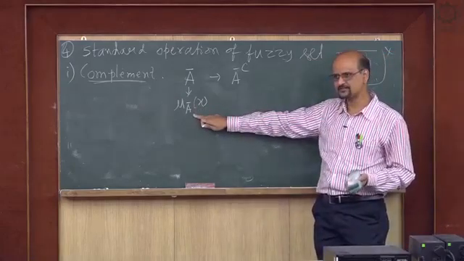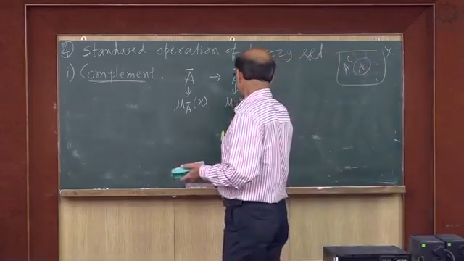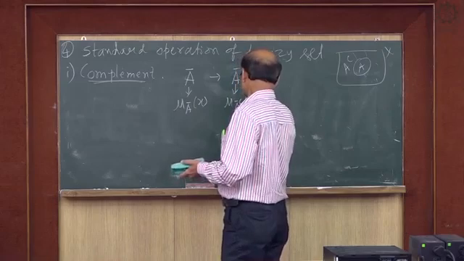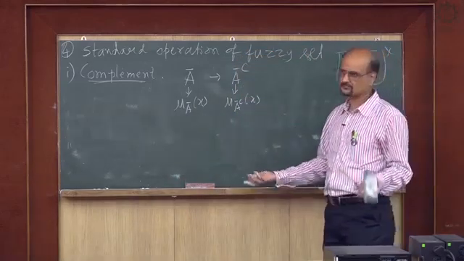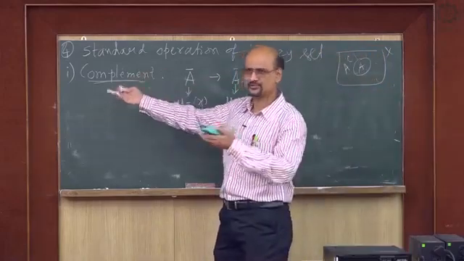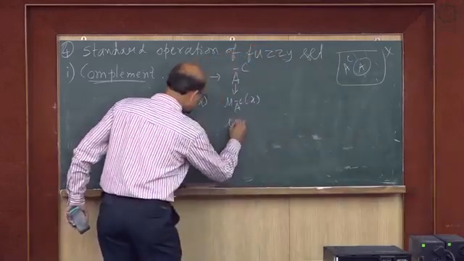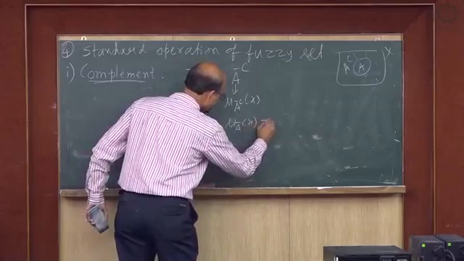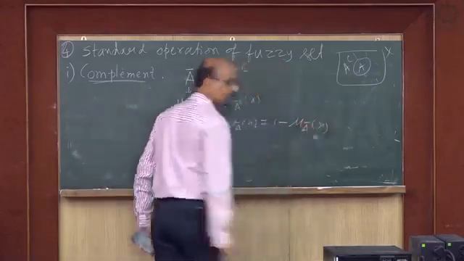For the complement you will have mu A bar complement x, which is 1 minus mu A bar x, because your values are from 0 to 1, a closed set including 0 and 1.